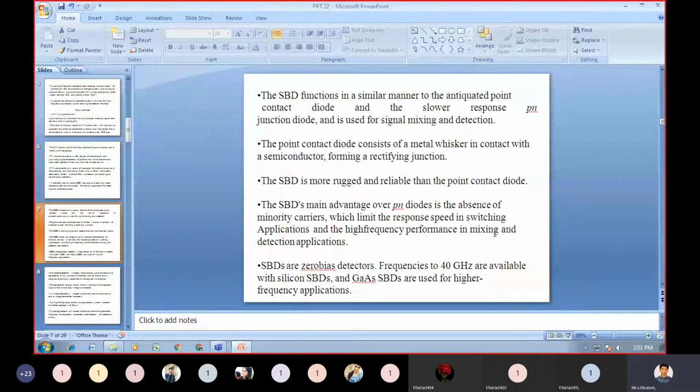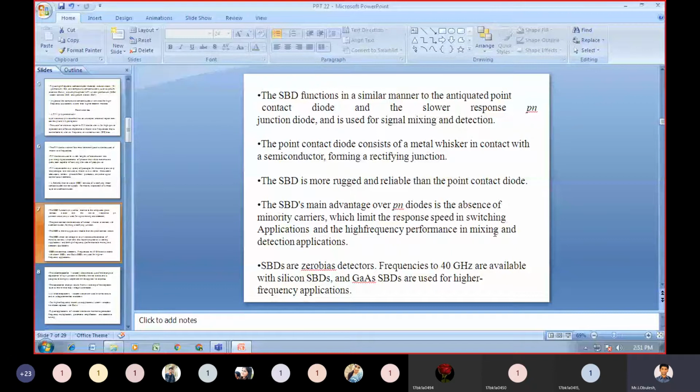An SBD functions in a similar manner to the antiquated point contact diode and the slower response PN junction diode, and is used for signal mixing and detection.